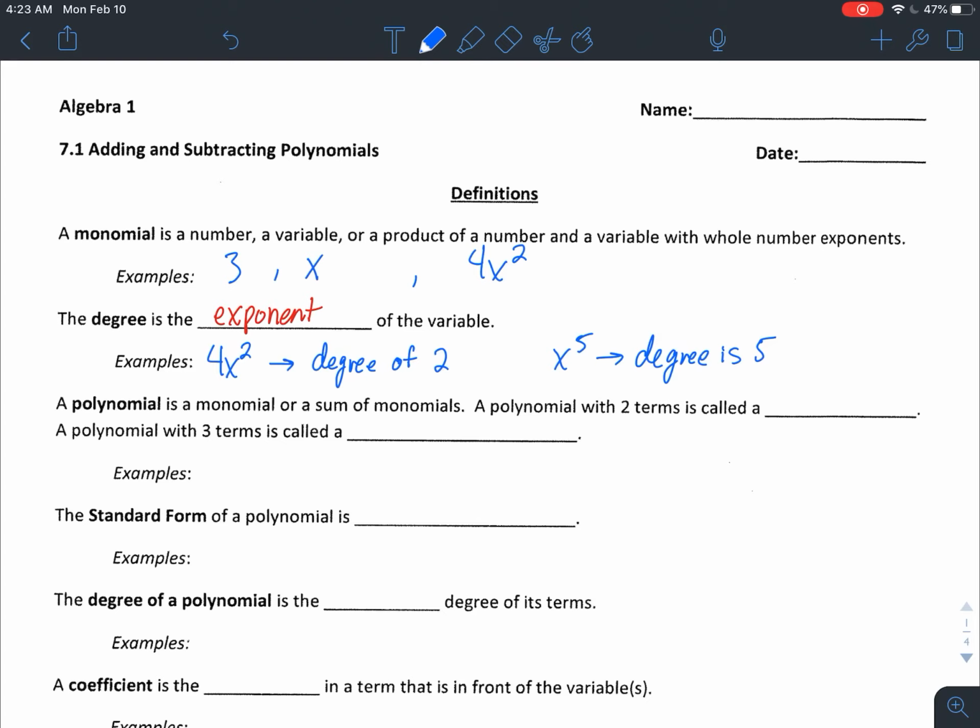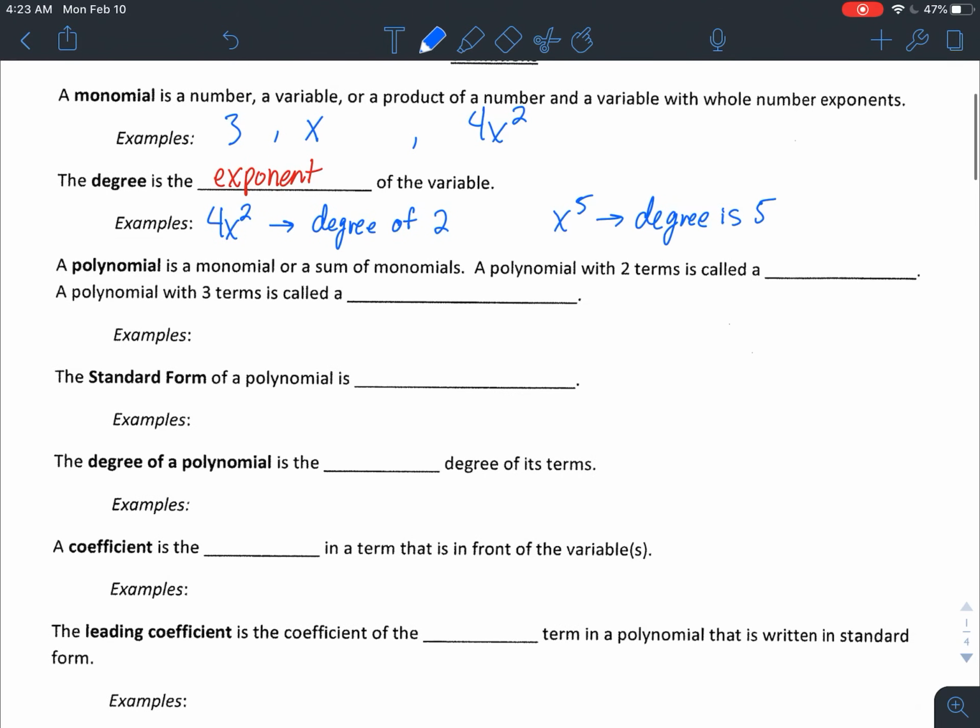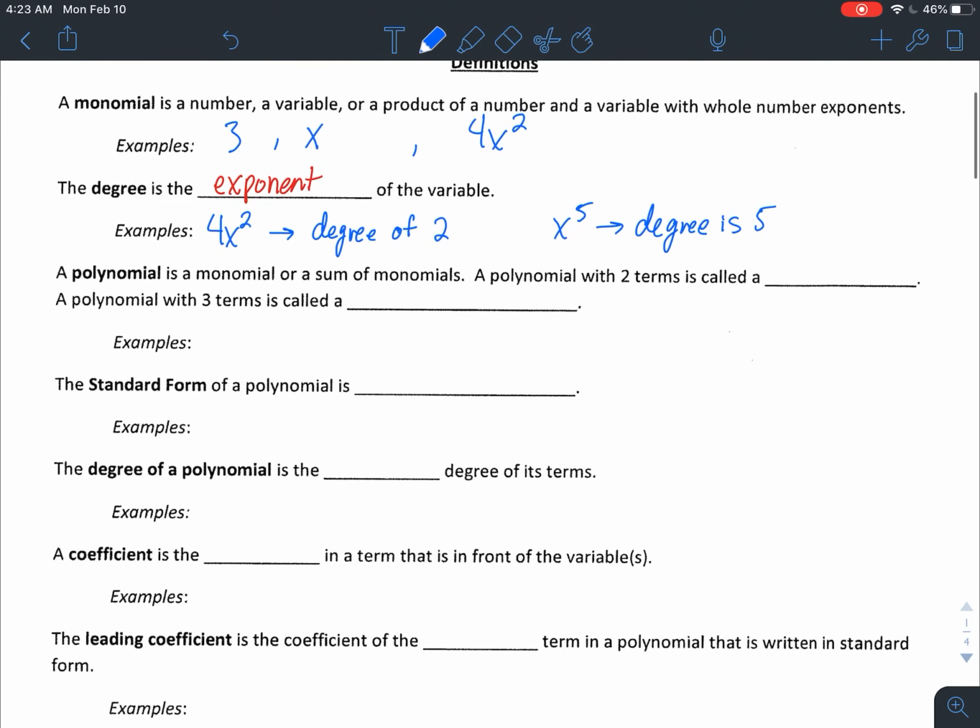So it just means multiple. Polynomial is kind of a general term that just means we have a couple of different monomials together. Technically, a monomial is a polynomial, but a monomial is just a specific kind of polynomial. So we define polynomial as the overarching term here, and then we have specific names for different polynomials based on how many terms there are.